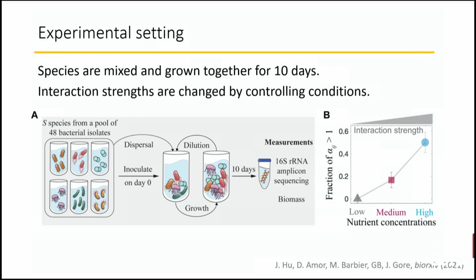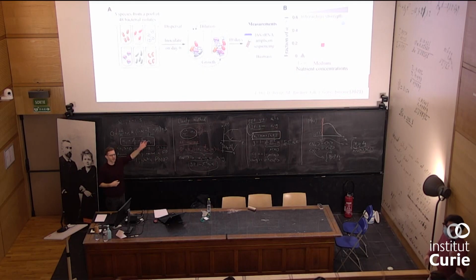As you change the conditions, the fraction of the 30 pair experiments where one of the species dies grows. The fact that it has to do with nutrient concentration is a complicated thing that I'm happy to tell you in private if you like. But we don't need the biology, it doesn't enter here. We just need some measure of the interaction strength.